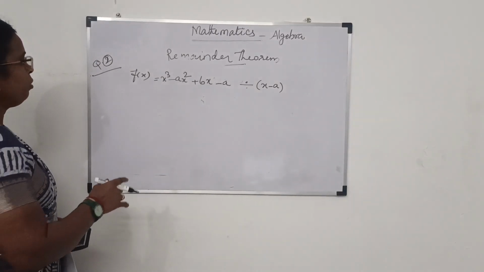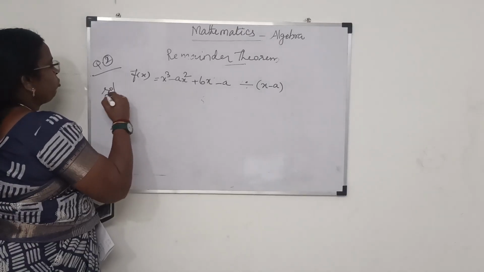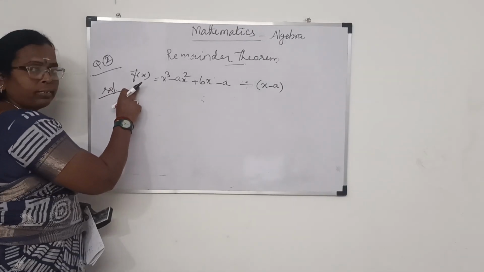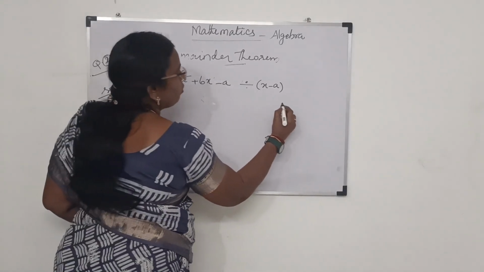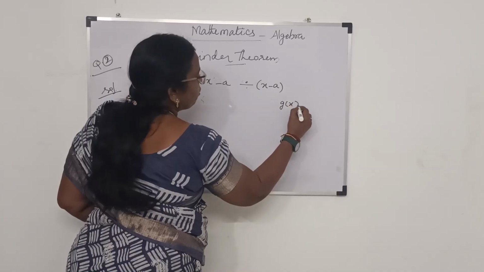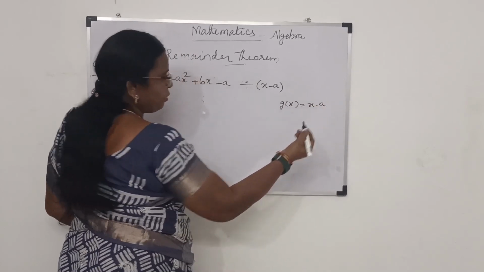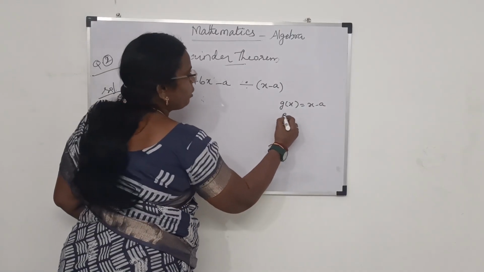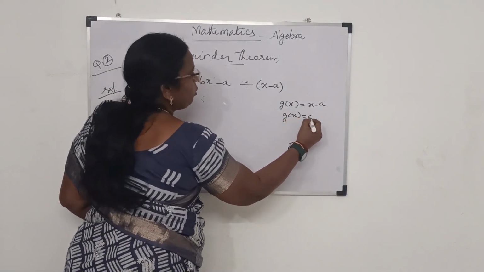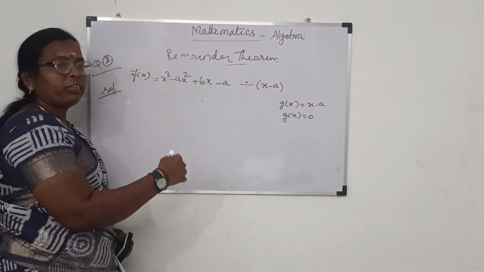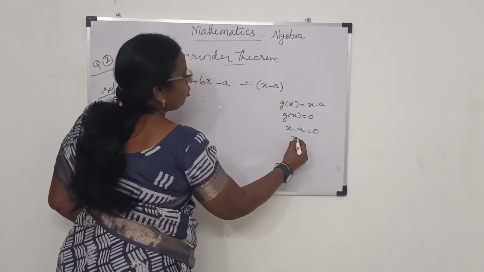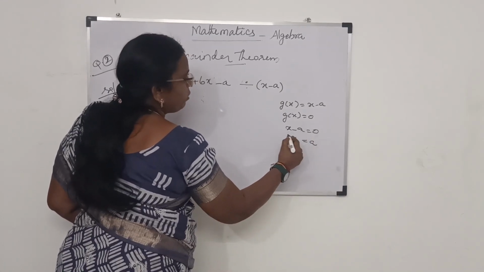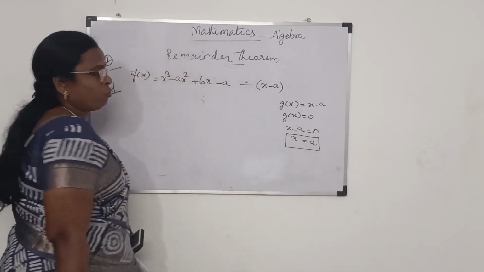So what I told you, when I am doing the solution, first take this as f of x and the other one is g of x. So to find the remainder, g of x is equal to x minus a. So we have to take g of x is equal to 0. So automatically what will happen? x minus a is equal to 0. So what is the x value when this minus a goes to that side?